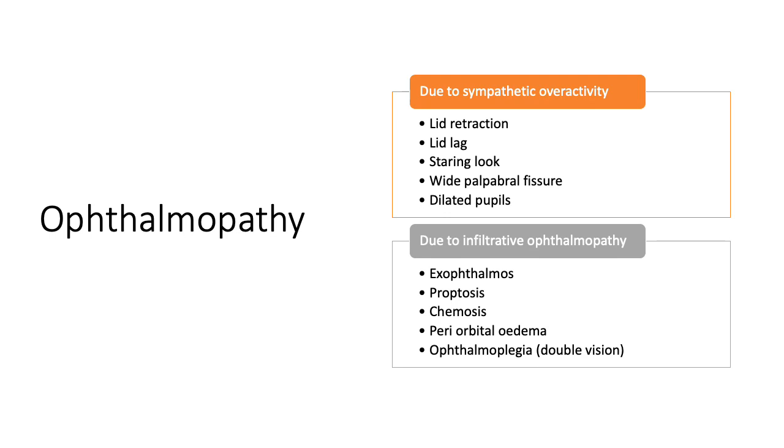Edema and infiltration by mononuclear cells of the orbital fat and extrinsic muscles of the eyes will cause the infiltrative ophthalmopathy, such as exophthalmos, proptosis, chemosis, periorbital edema, and ophthalmoplegia.